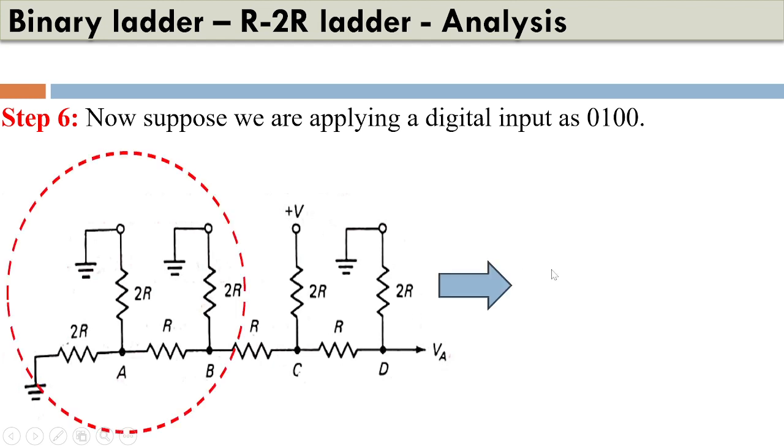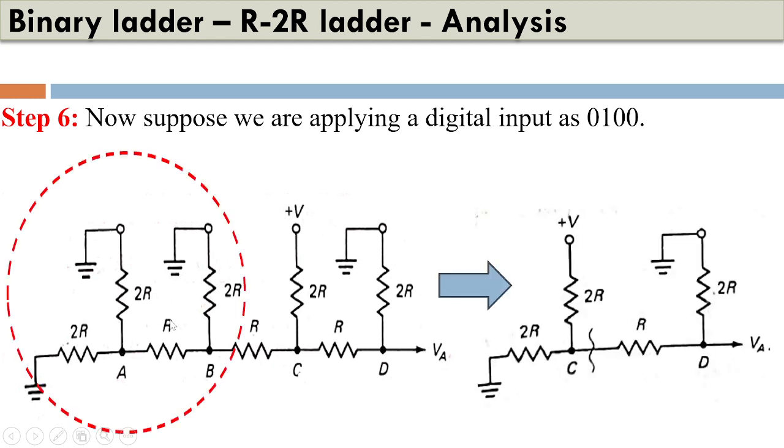When we analyze it, on the left hand side under the circle, this particular circuit will be replaced by 2R. This particular section will be replaced by an R with another R, and on the left side of the C, we can see it is 2R.